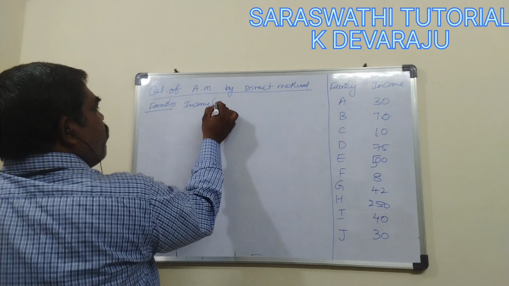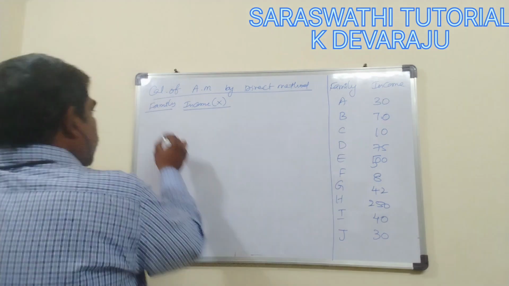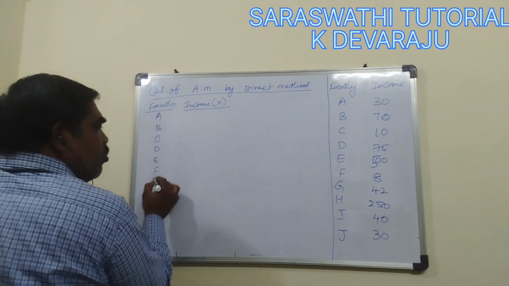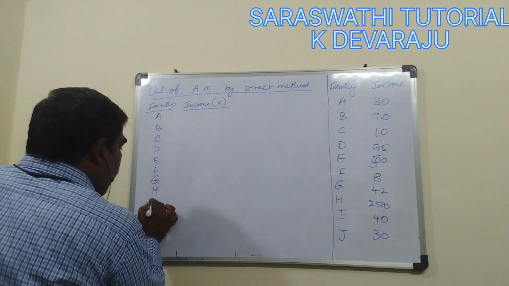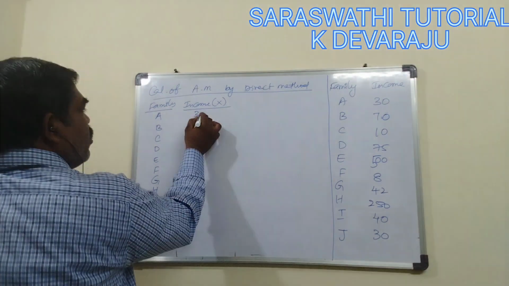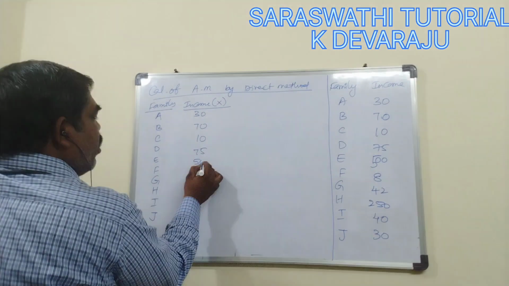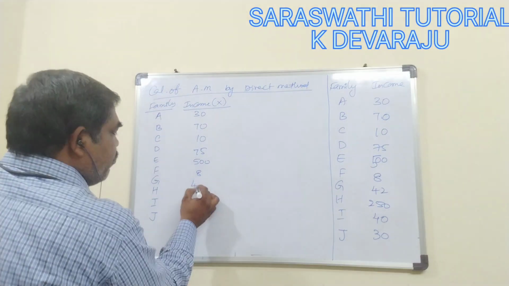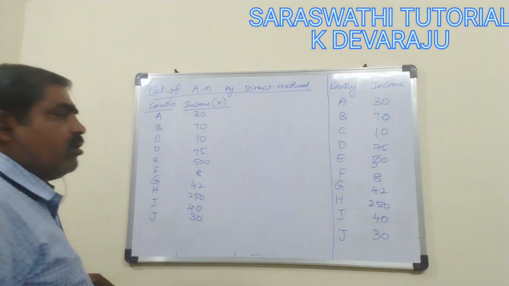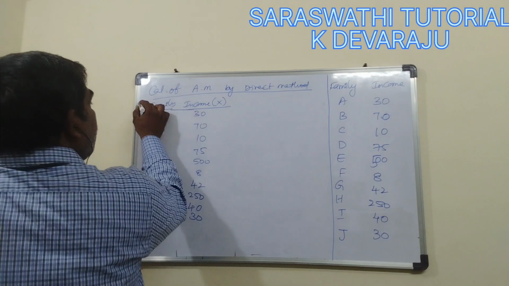Whatever the observations are given, they are taken as X. So families are A, B, C, D, up to J. Take this whole observation: 30, 70, 10, 75, 500, as the question is given. Copy that. So this is the table. Only two columns we have to take.